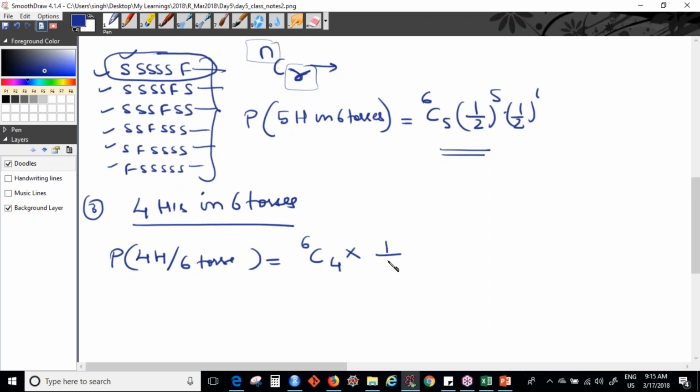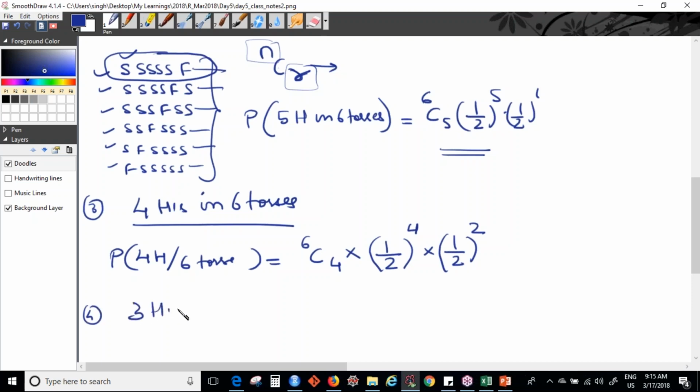So now it will be 1 by 2 to the power 4, into again 1 by 2 to the power 2. Again, it is simple. Just look at this and change the numbers. Yeah, that is correct. So we will just look at this and change the numbers. So similarly, you can get for everything now.